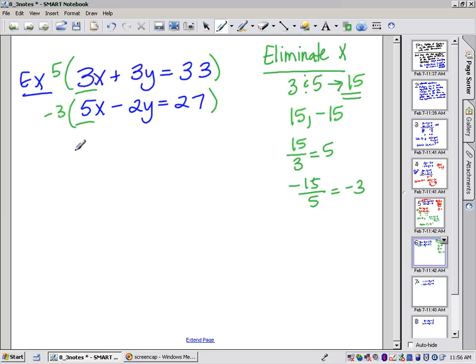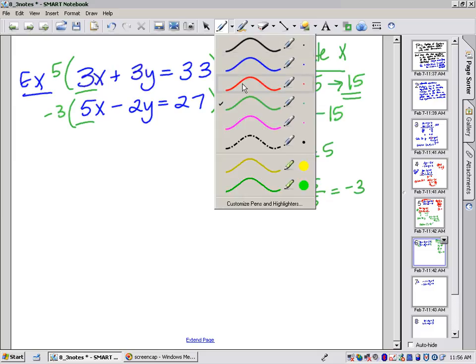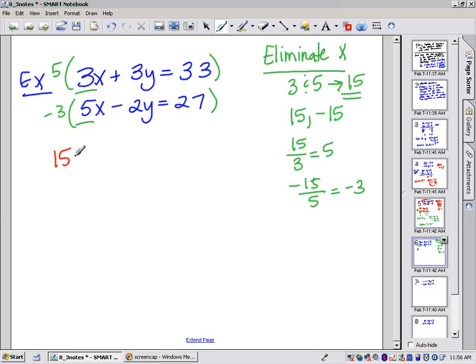So when I multiply, I get this new system. That is 15x plus 15y is equal to 33 times 5, which is 165. If I multiply the second equation through by negative 3, I get negative 15x plus 6y. Be careful with the signs. A negative 3 times negative 2 is positive 6y.